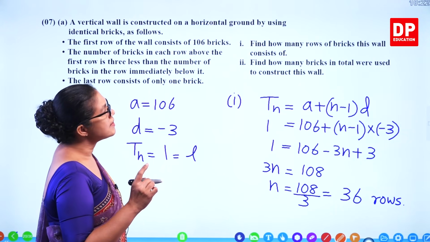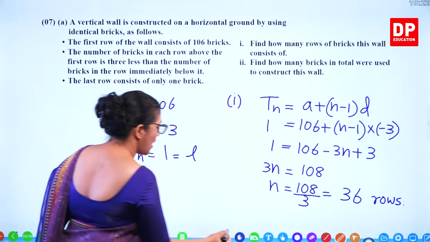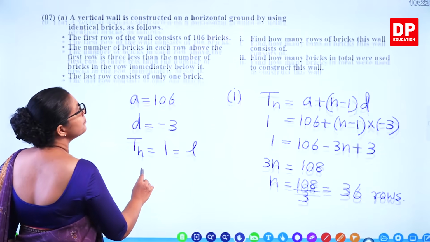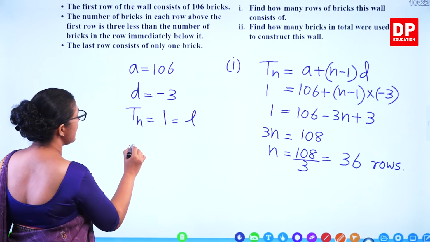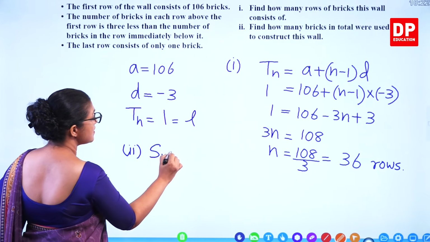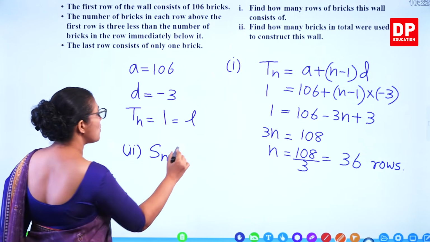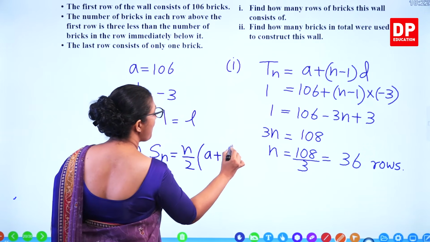Find how many bricks in total were used to construct this wall. They are asking for the sum of bricks. So how do you find the sum? That's Sn. You know the last term and the first term, so which formula is easy to use? The a plus l formula.